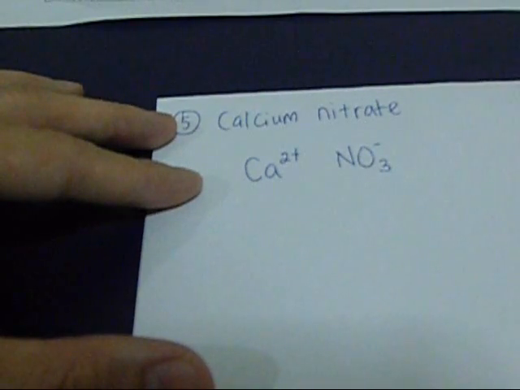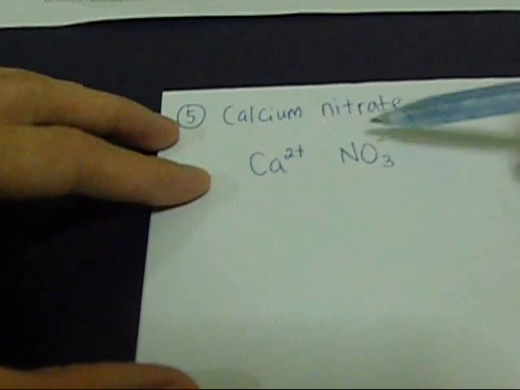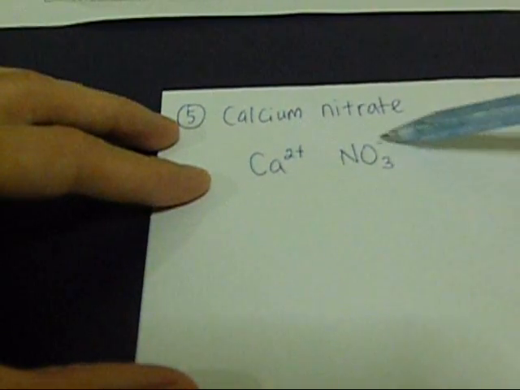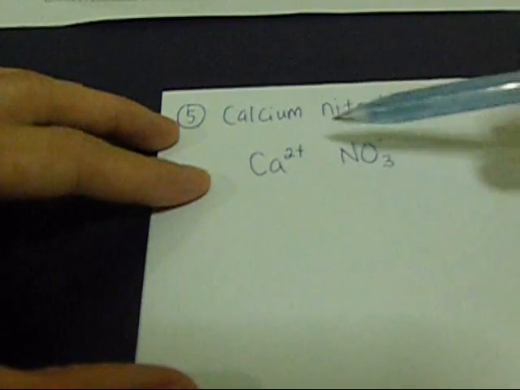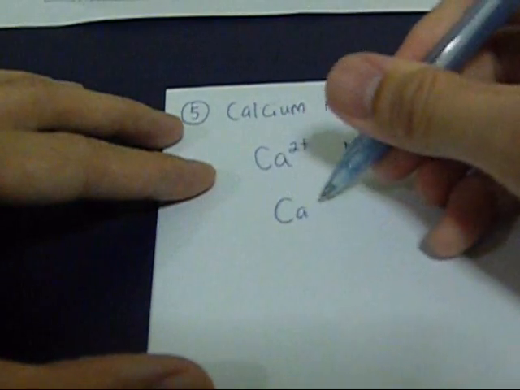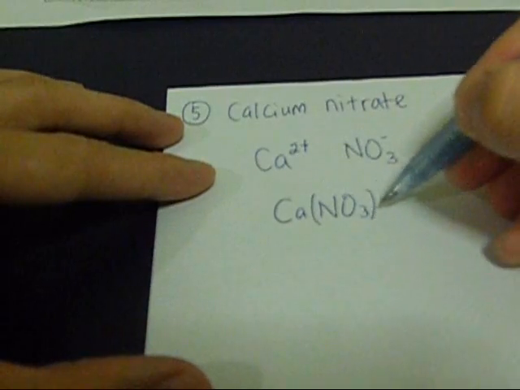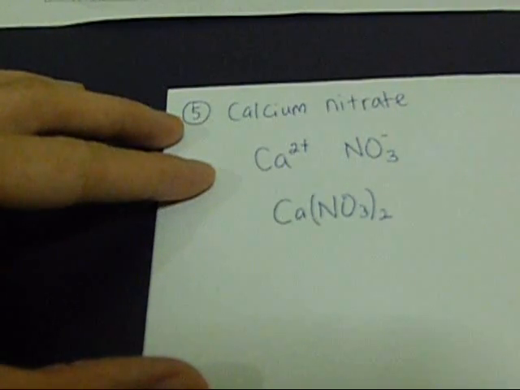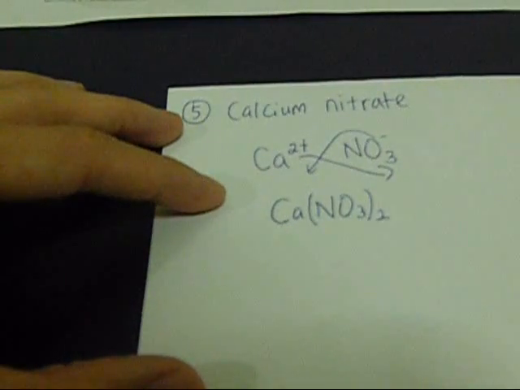It is NO3 1 minus. Okay, this is 2 plus here, this is 1 minus. Obviously we need 2 of this 1 minus, so that it becomes 2 minus, and 2 minus would balance the 2 plus. So the formula is Ca(NO3)2, or you can use the cross multiply. I don't think I need to elaborate on that.